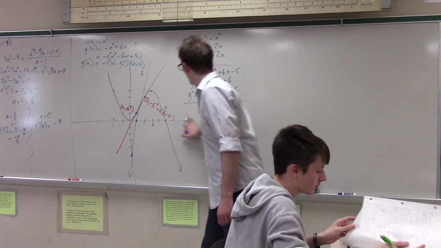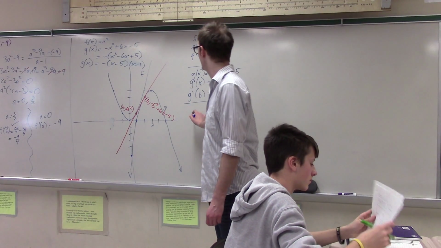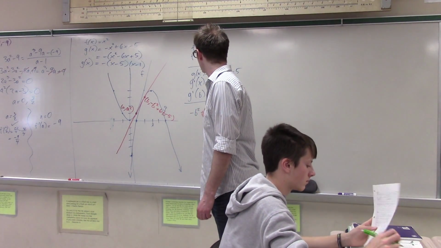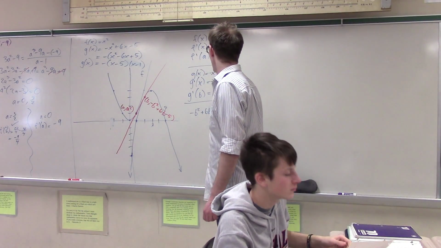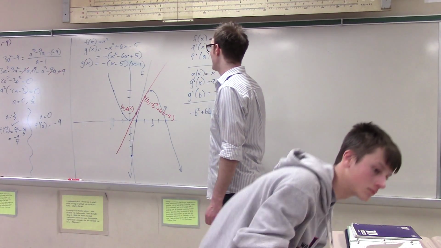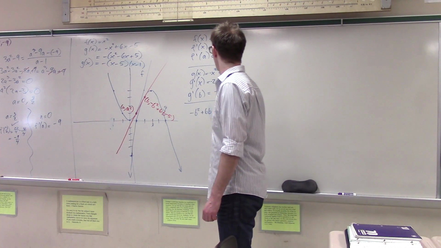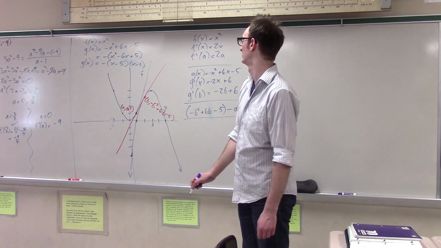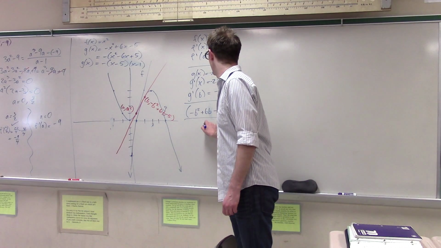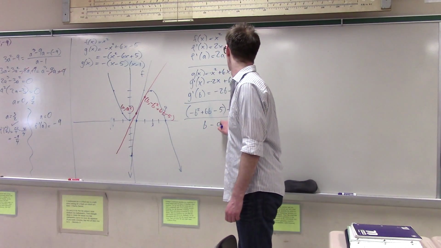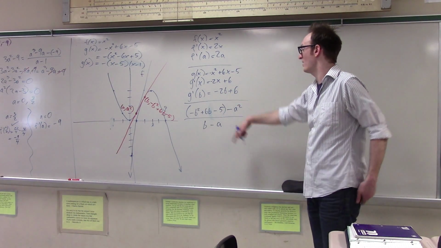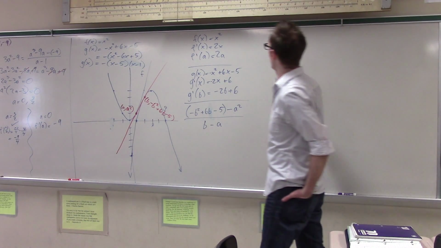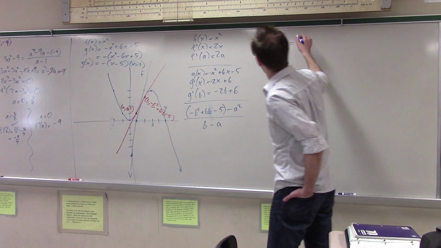And it's also true that the slope can be represented as delta y over delta x. So negative b squared plus 6b minus 5 minus a squared, are you following this? Over b minus a. All right, and so now you have these 3 expressions, so I now have a triple equality.